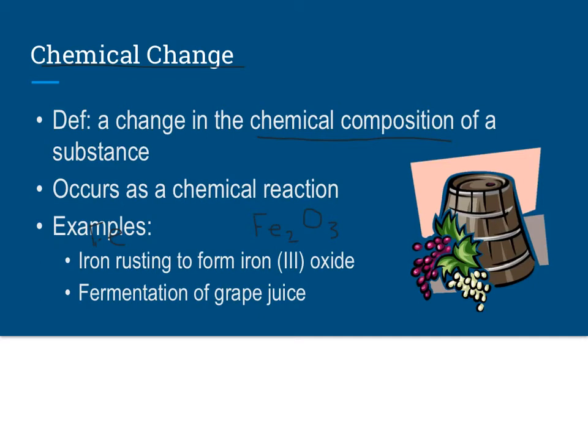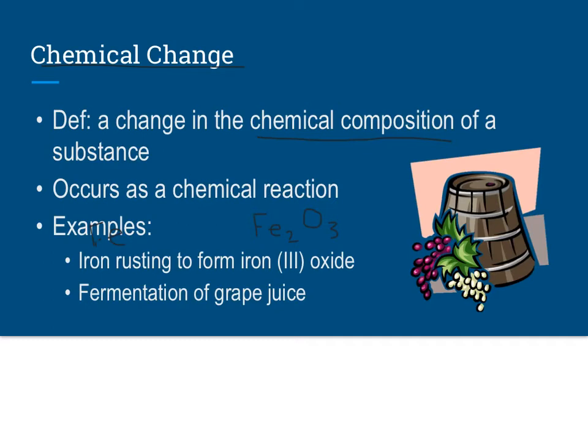When we burn something, once something has been burned, we cannot revert back to that original form. So again, a physical change is a change in which we can most of the time go back to our original form pretty easily. In a chemical change, we have altered the chemical composition, and therefore we will not be able to revert back.